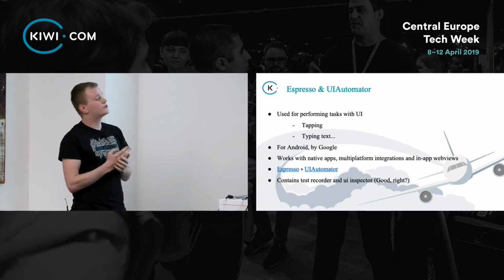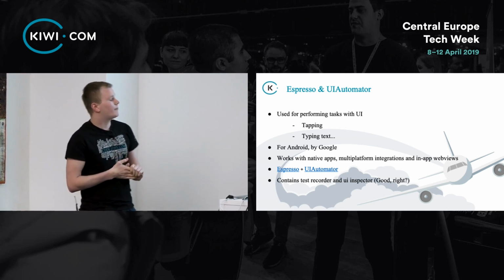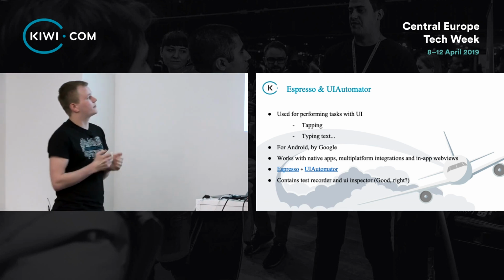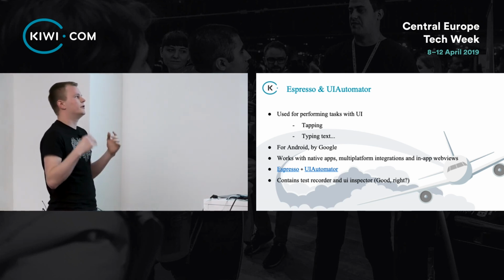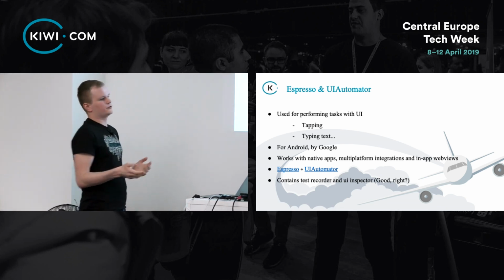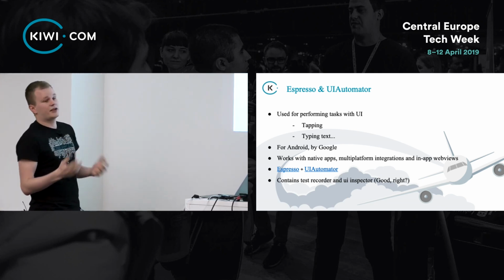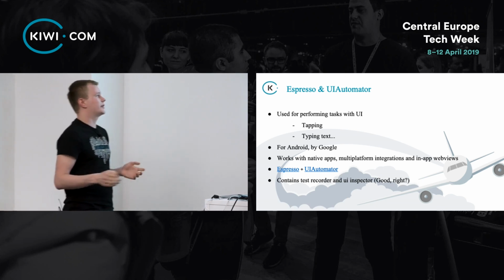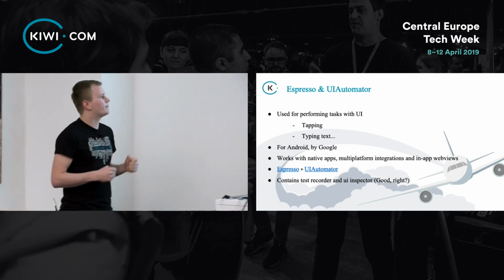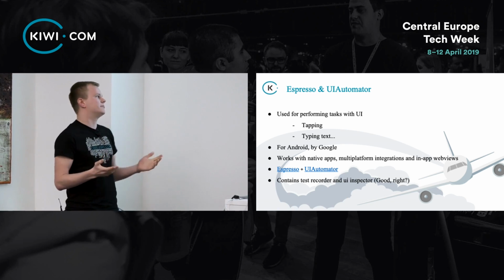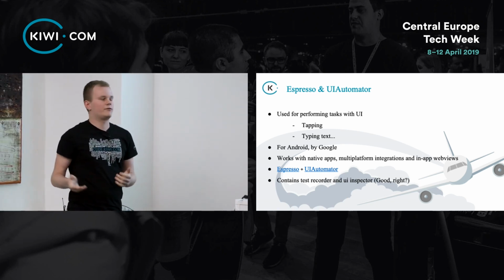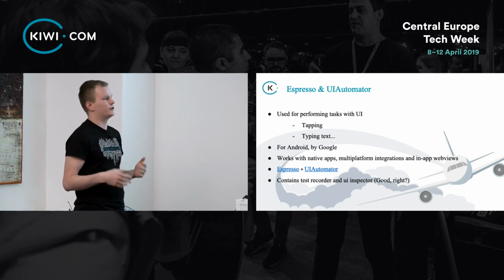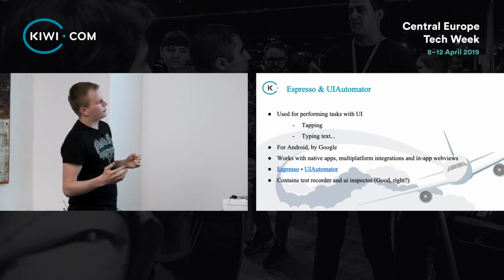So what are Espresso and UI Automator for Android? These are two frameworks from Google, and they can be used for UI testing, for doing basically anything that the user can do: tapping, typing text, interacting, scrolling, etc. It's only for Android, it's made by Google, and it works with native apps, and if you have a multi-platform integration, that should work too.